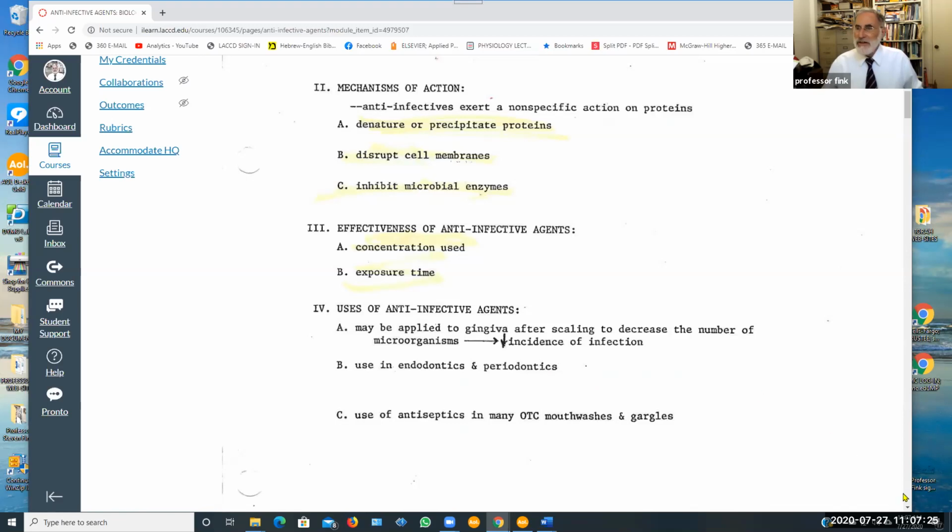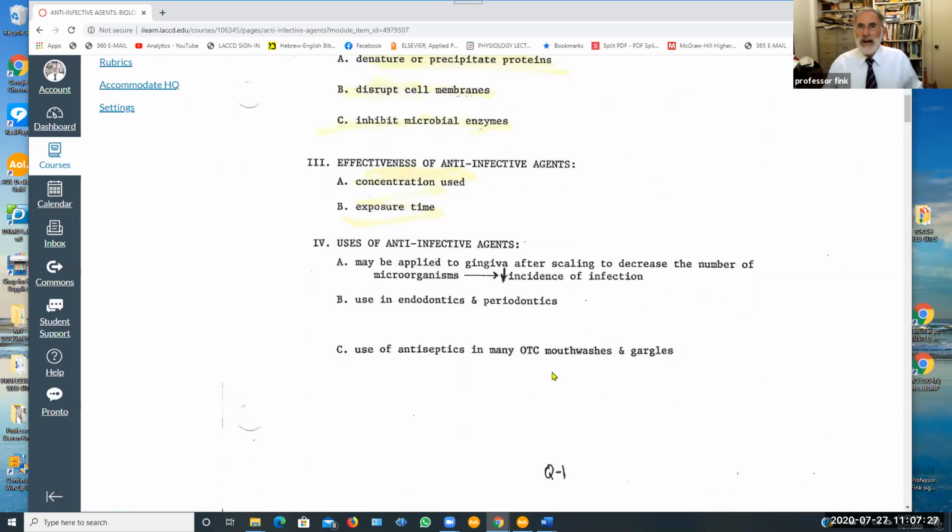Now, these anti-infective agents are used for many purposes in the world of dentistry. They are used to reduce the number of microorganisms in the mouth, on the gingiva and the oral cavity. They are used in endodontics and periodontics to also reduce the number of microorganisms.